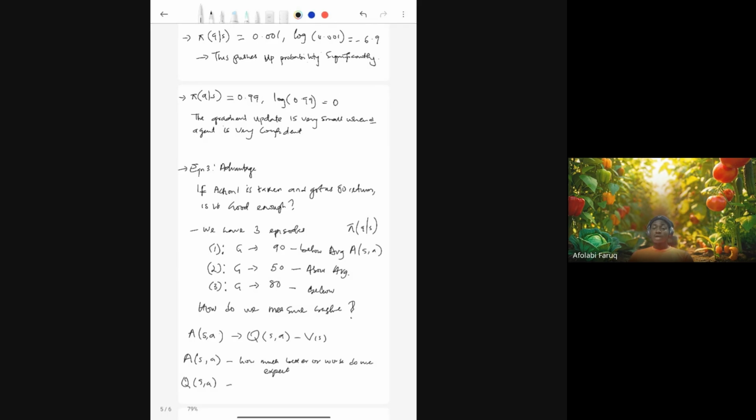The actual return that we are getting when taking an action in a state.